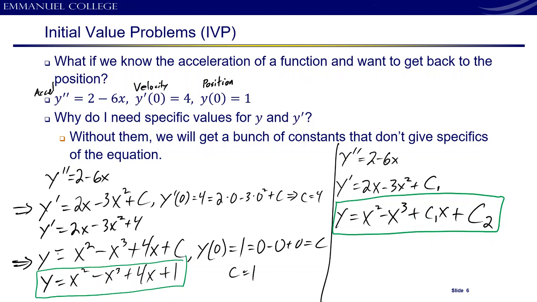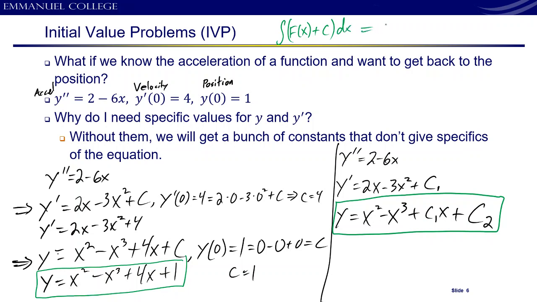We've found the general solution of any function that has the second derivative of 2 minus 6x. Kind of like the antiderivative was the family of all of the functions with a derivative of whatever. This is that capital F of x plus c. But now what you can think about is you're integrating capital F of x plus c with respect to x.